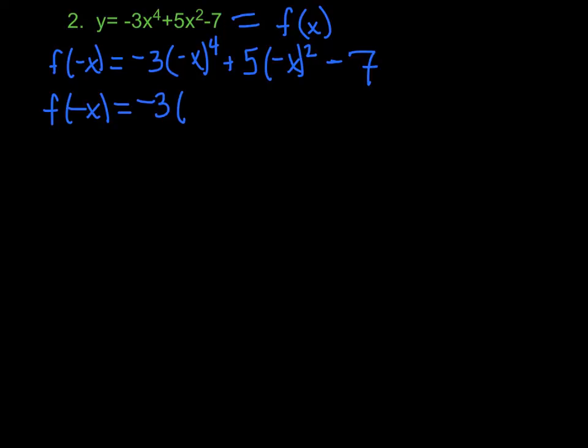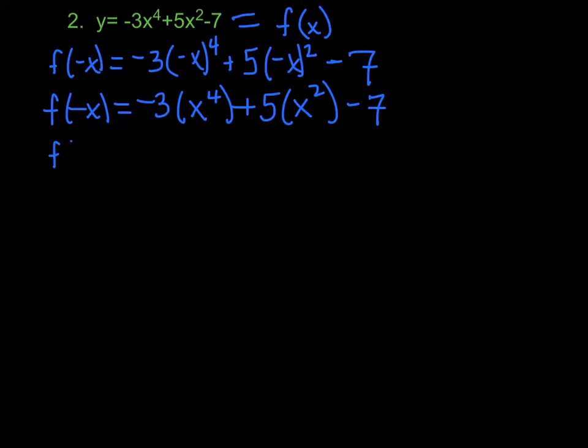Negative x raised to the 4th power, well, a negative raised to the 4th power is a positive, and x raised to the 4th power would just be x to the 4th. Plus 5, and a negative raised to the 2nd power is a positive, and x raised to the 2nd power would be x squared. And then the 7 doesn't have an x, so we just bring it down.